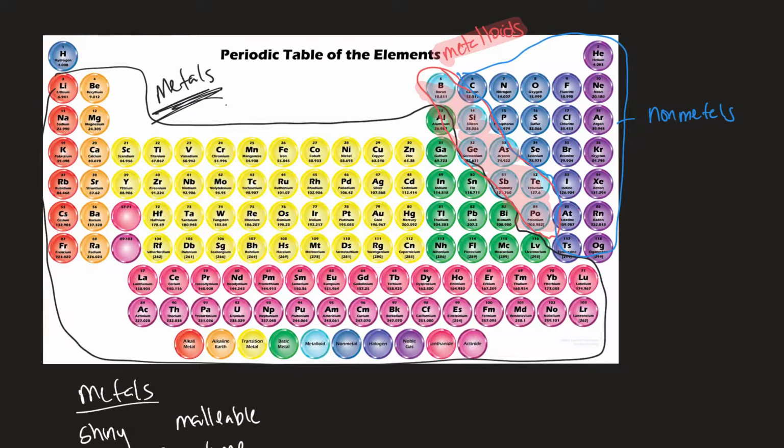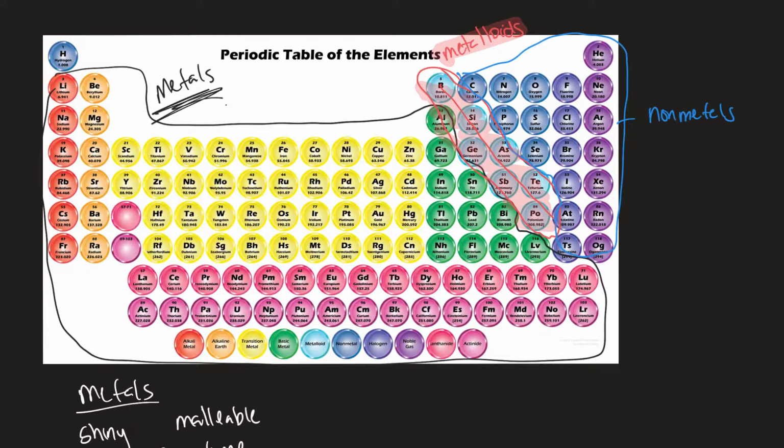Different periodic tables will list different elements within this general area as being a metalloid or not. It's up to debate, but there are some general rules with metalloids as for their properties.